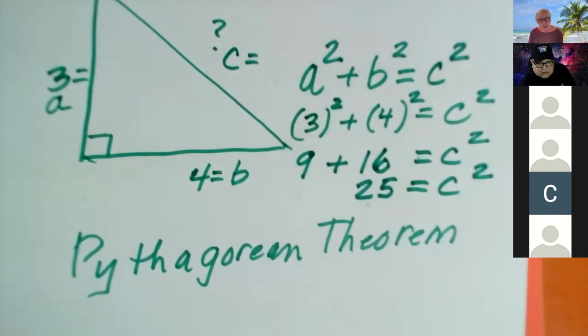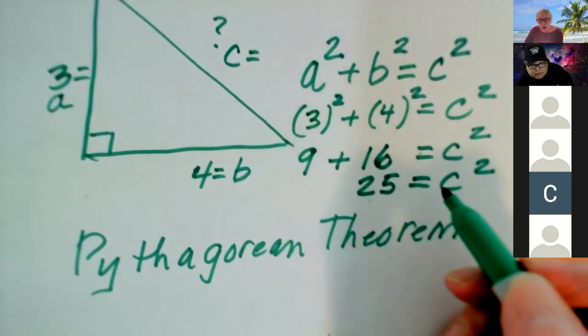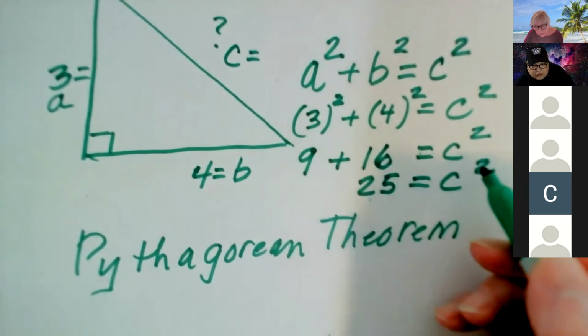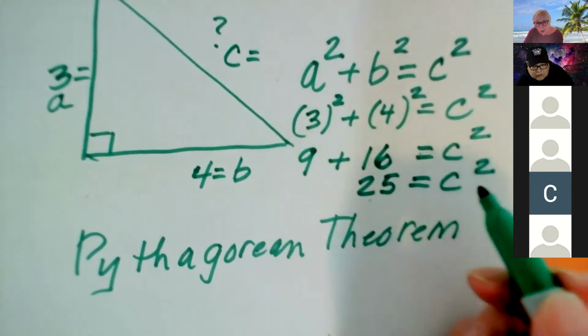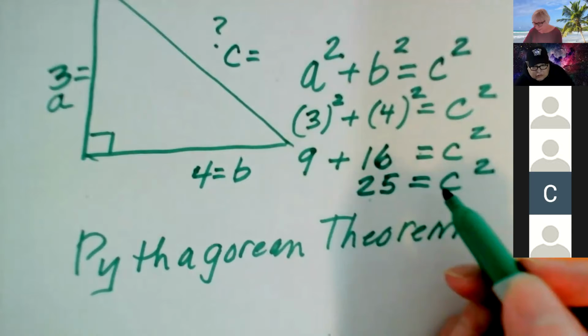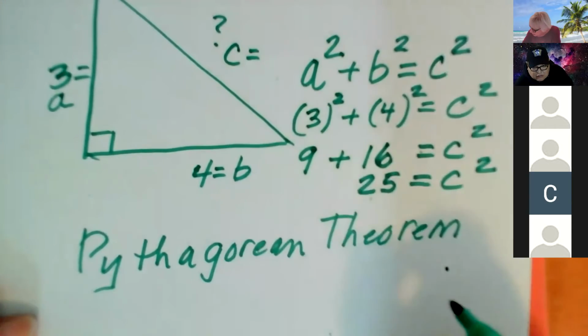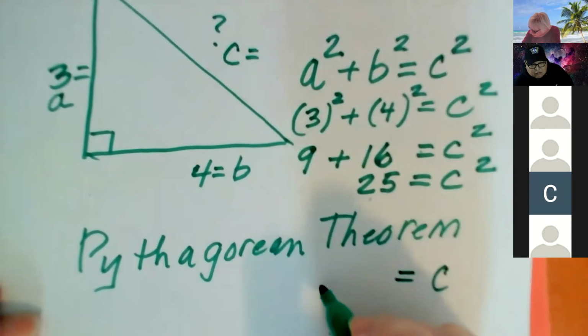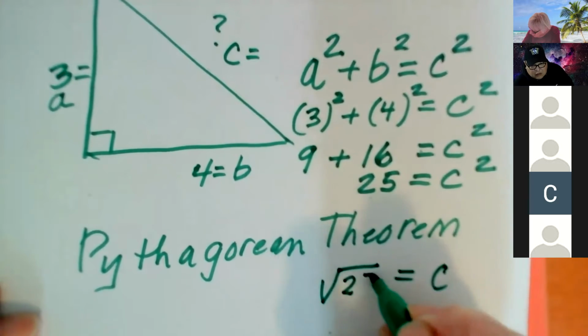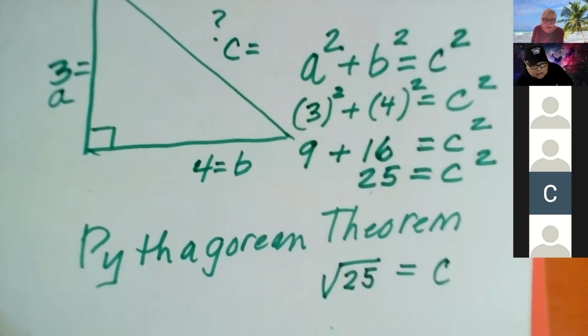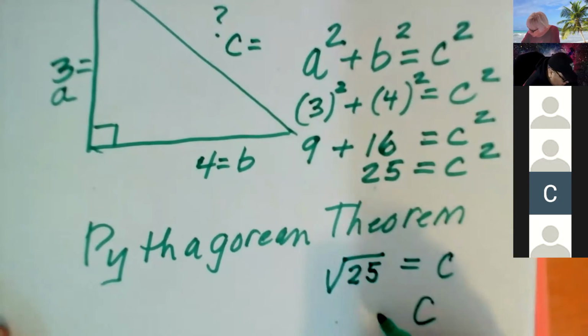The reason they brought this up is because this is an example of using square root. So if 25 is our answer squared, what is our answer? 25 times 25. Go the other way. That's 5. It is 5.